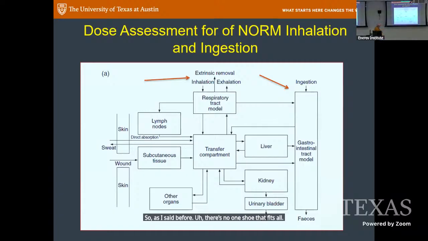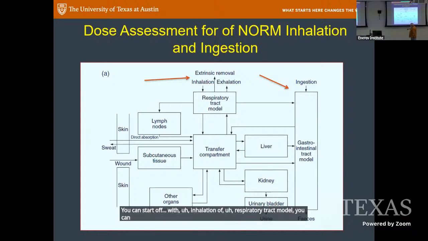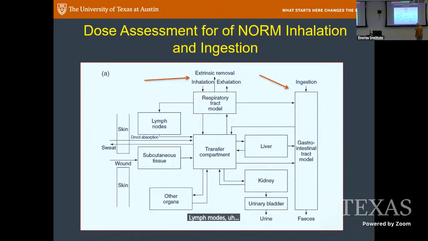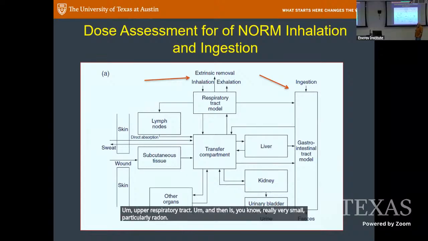You can also have a dose assessment of NORM, inhalation, and ingestion. You can start off with inhalation of respiratory tract model. You can look at all the lymph nodes, the transfer compartments, the liver, the kidneys, the urine, other types of organ. As soon as something gets into your upper respiratory tract, and then is really very small, particularly radon, which comes from radium-226.